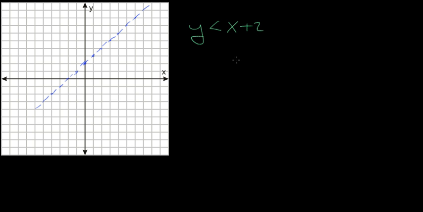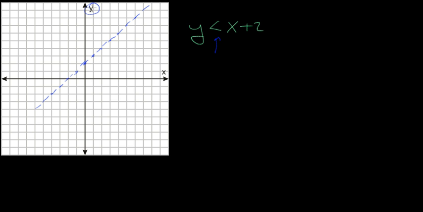Now I'm going to shade a whole region of this. And so I say, what side do I shade? To make things easy on you, all you do is look at your inequality sign. It says y is less than. Well, this is y, and so it says y is less than.